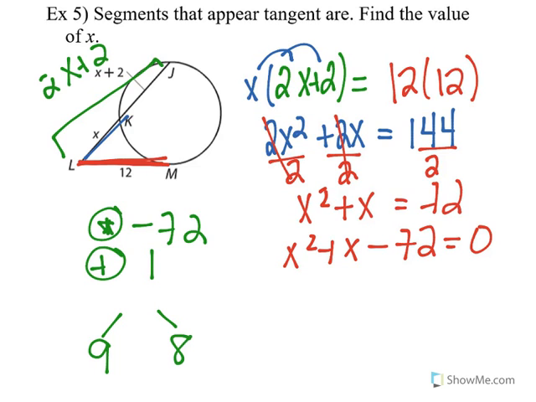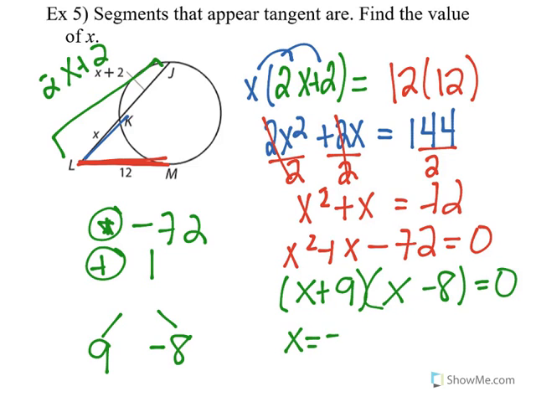But for them to add to a positive 1, we need the 8 to be negative. So x plus 9 times x minus 8 equals 0. X is going to equal negative 9. You can't have a negative side length, so x equals negative 9 is going to go away. So that means x equals 8 is my answer.